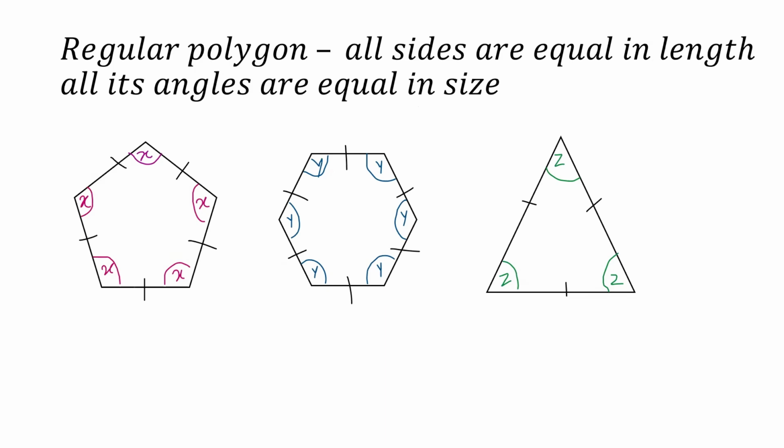Likewise, you can see a black line marked there, telling us all the sides are equal in length. You can also see a regular hexagon and a regular triangle. That is called a regular polygon.